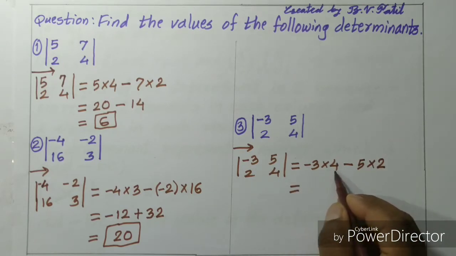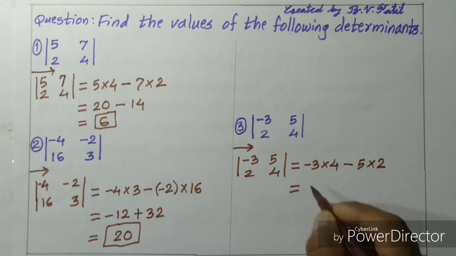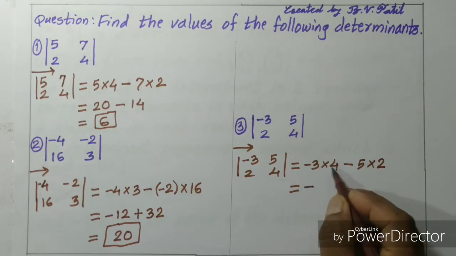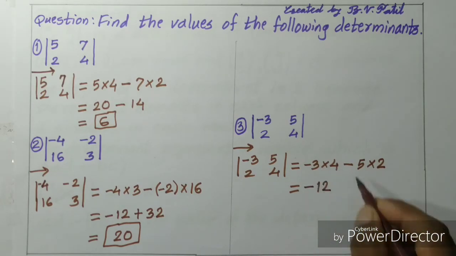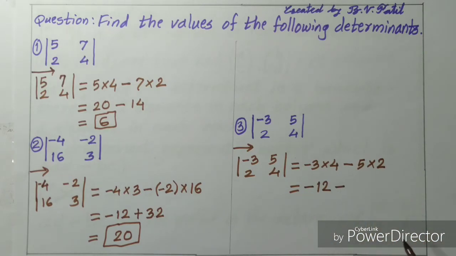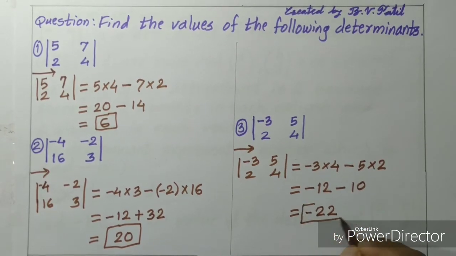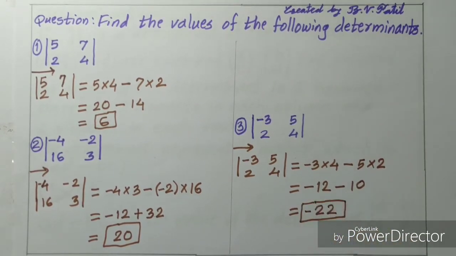Then what do we get? -4 3s are 12, minus 5 2s are 10. Then what is the answer here? Similar signs indicate addition. Addition, we get 22, and the sign remains. That is the value of that determinant.